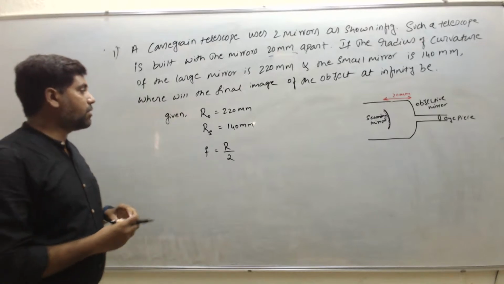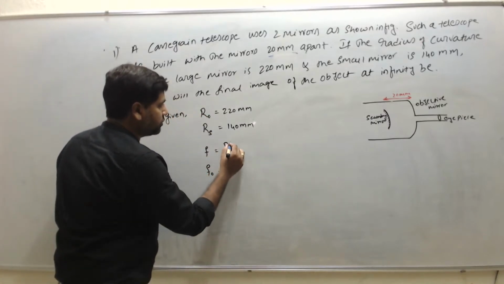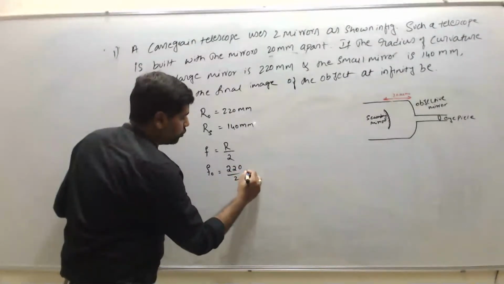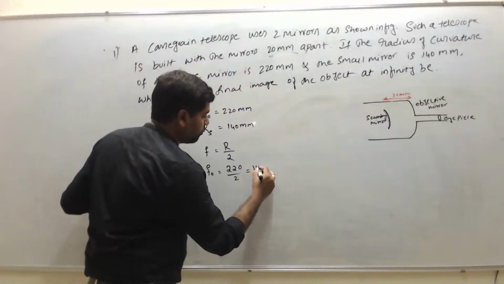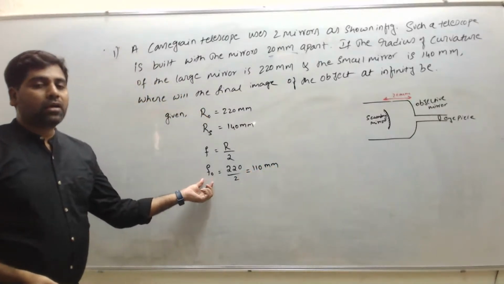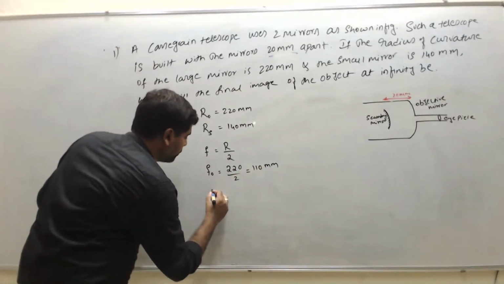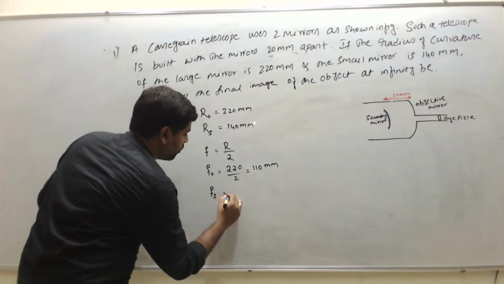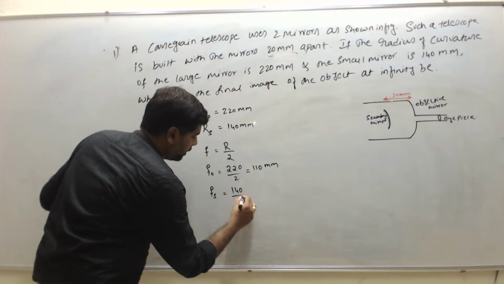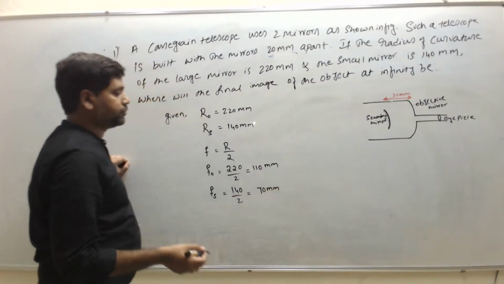From this given data, we can find out the focal length of the objective. That is, the R value is 220 divided by 2, which becomes 110 millimeter. That is, the focal length of the larger mirror is 110 millimeter, and the focal length of the small mirror is 140 divided by 2, which becomes 70 millimeter.